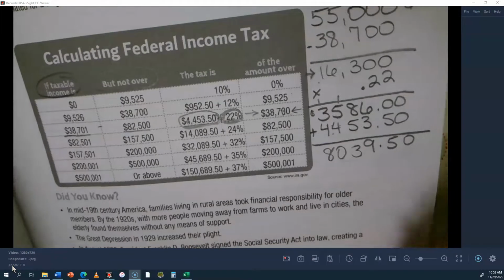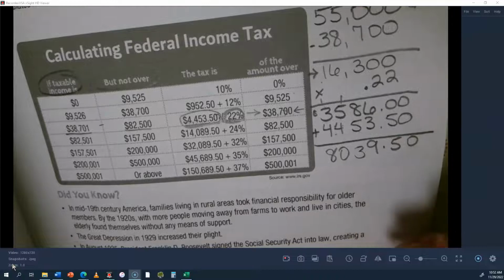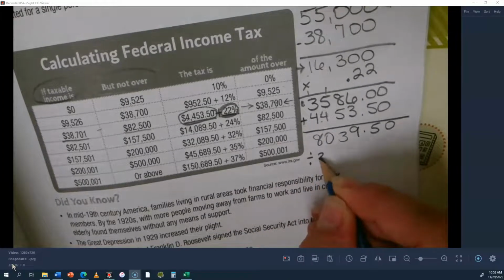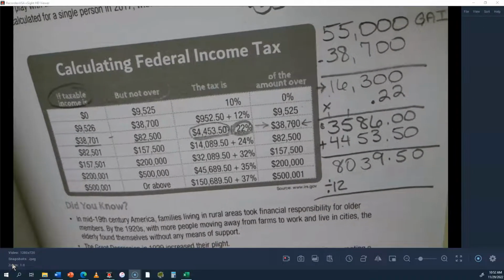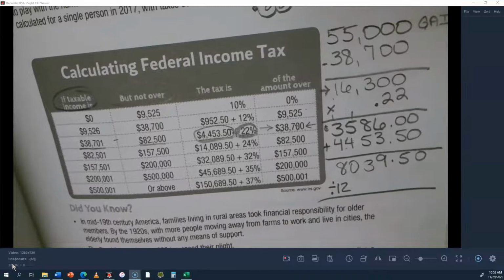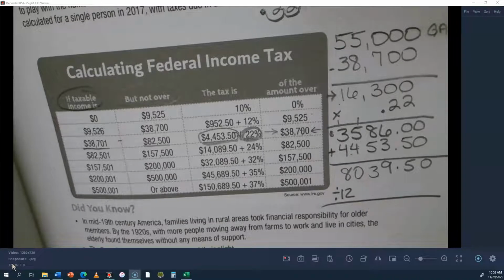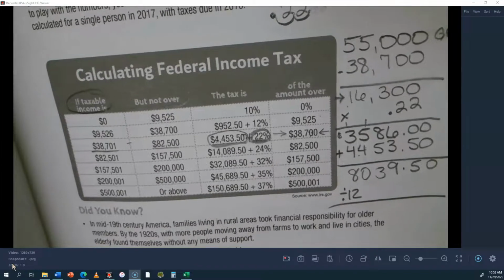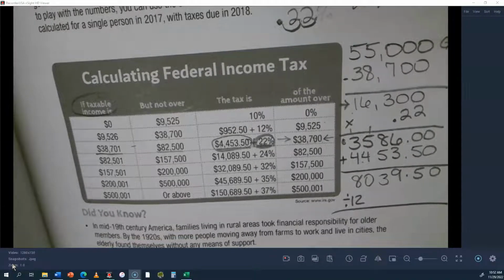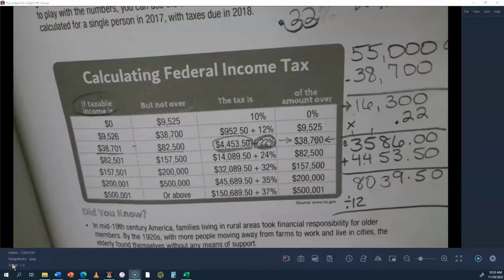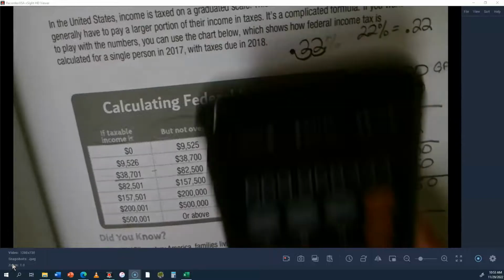What do I have to do to find my monthly federal income tax? I've got to divide it by the number of months in a year, which is 12. So if I divide 8,039.50 by 12, oh, look at this. I'm going to do some rounding, right?